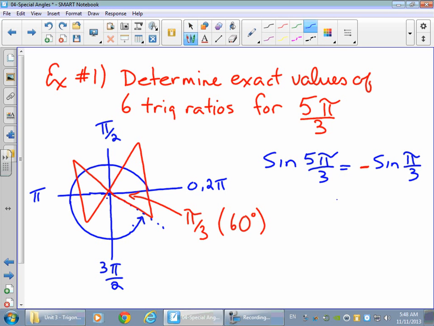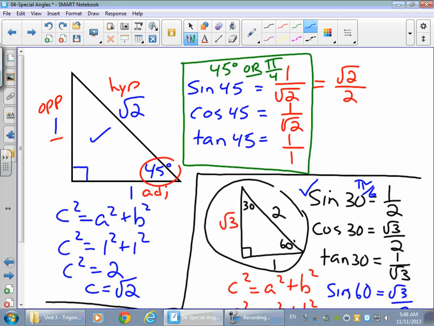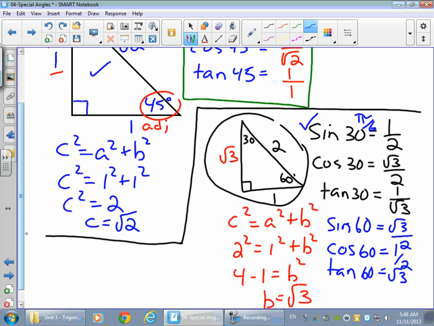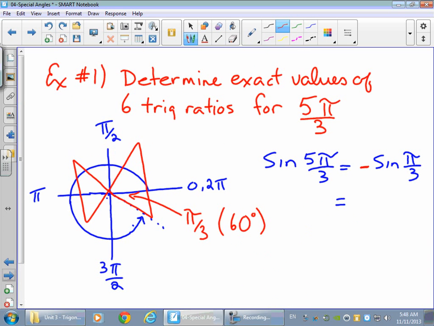And so what I do know is that sine of pi over 3, which is the equivalent of sine of 60, is root 3 over 2. And so sine of 5 pi over 3 will be negative root 3 over 2.